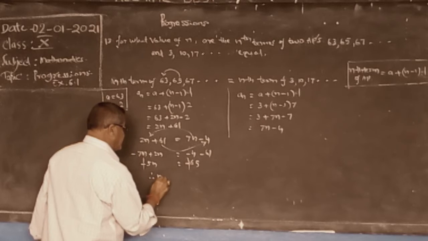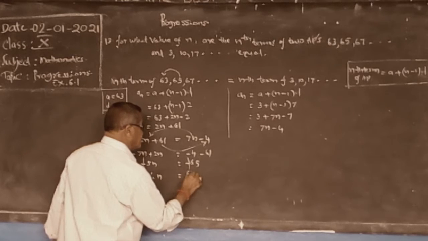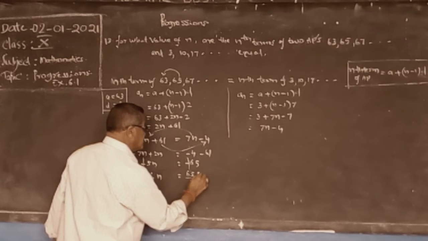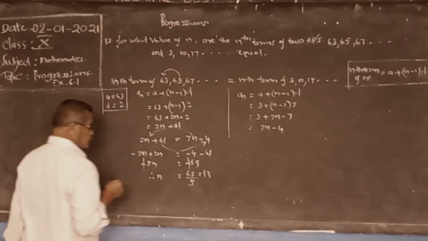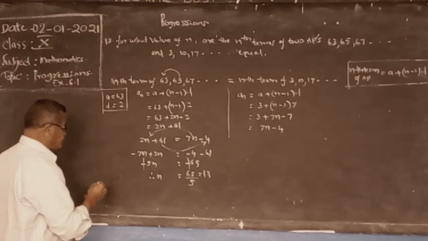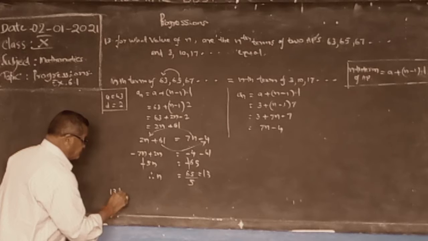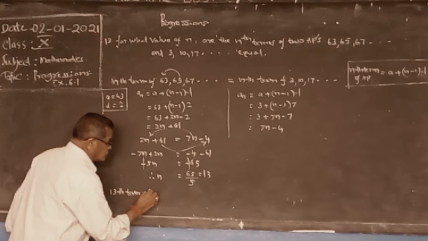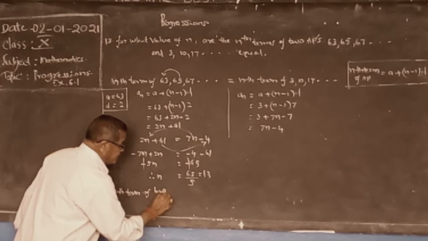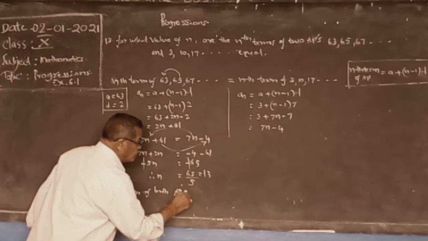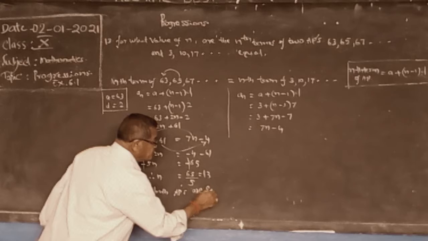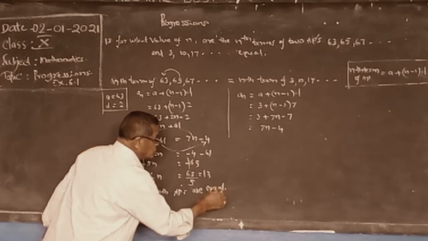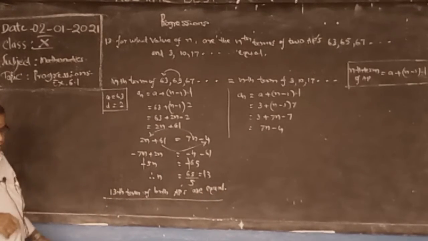Therefore, n is equal to 65 by 5, that is 13. So the 13th term of both APs are equal. This is the solution.